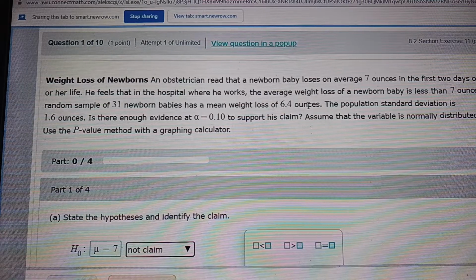That's x bar, coming from the sample. If they had said "and a standard deviation," that would have been s. But instead they did a separate sentence and said the population standard deviation is 1.6. That's sigma, the population standard deviation. Is there enough evidence at alpha 0.10 to support his claim?